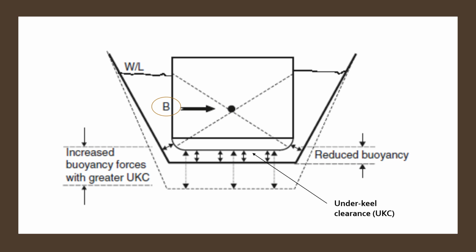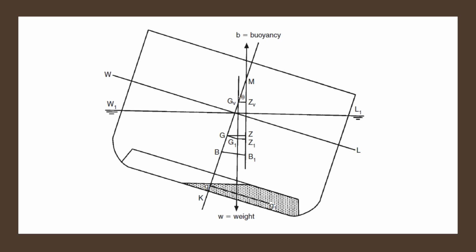Now, for example, if the vessel is heeled over by external forces such as strong winds or strong waves, and I'll show you what I mean in the next slide here, you can see that the water plane area will increase.